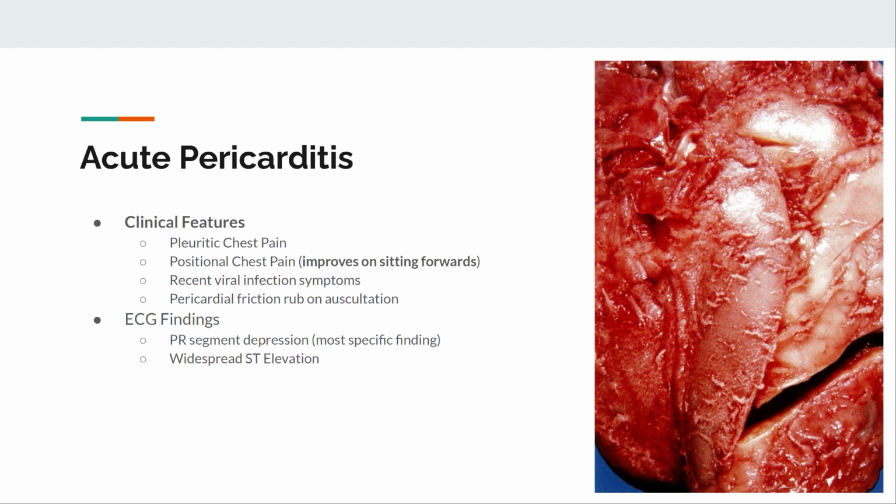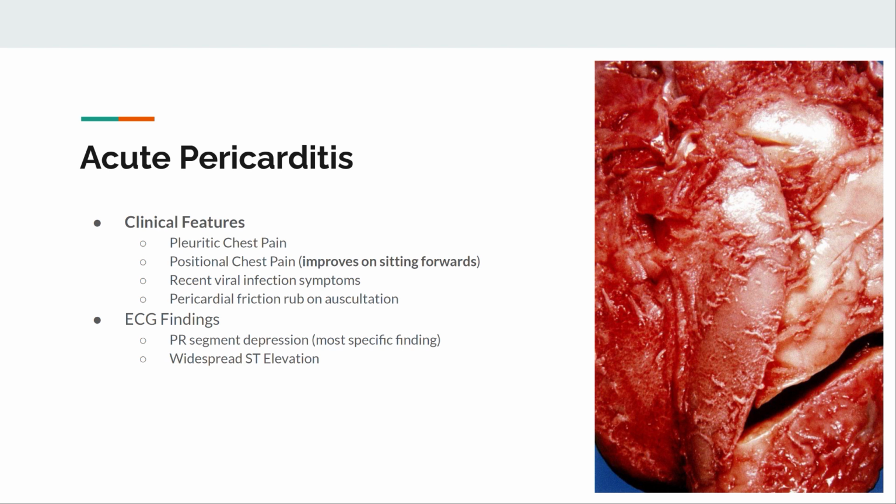Now, it's really good that you learn this because it's a cause of chest pain, and it's quite a common one. So when you're doing SOCRATES and you look at exacerbating and relieving factors, you can say that taking deep breaths in will make this hurt more, and moving forward, changing position, relieves the pain.